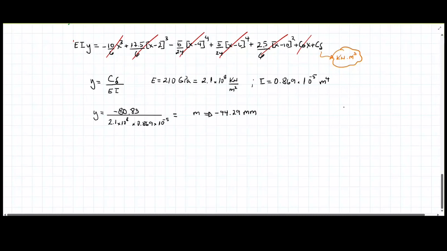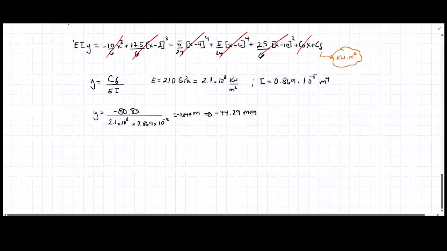So this should be 0 minus 0.004 something.